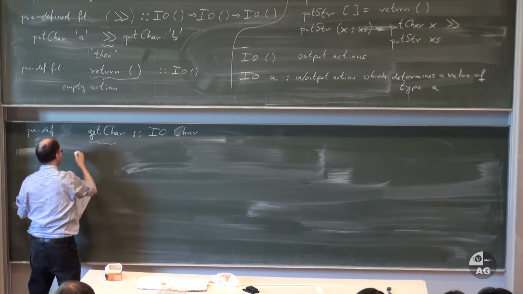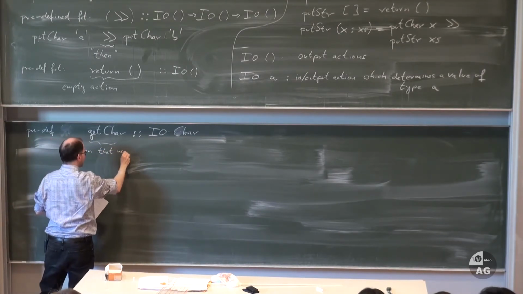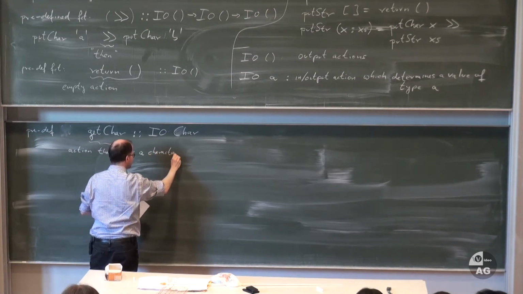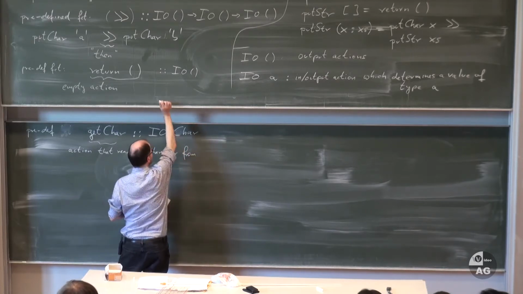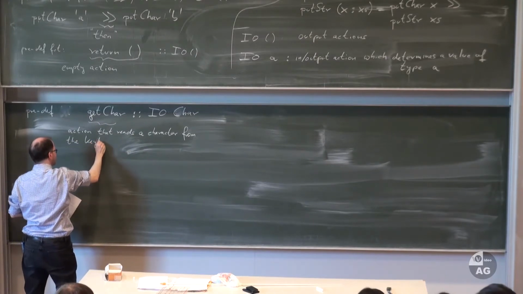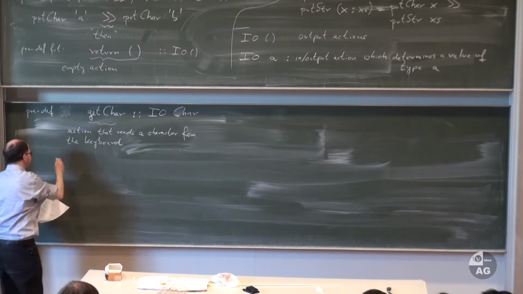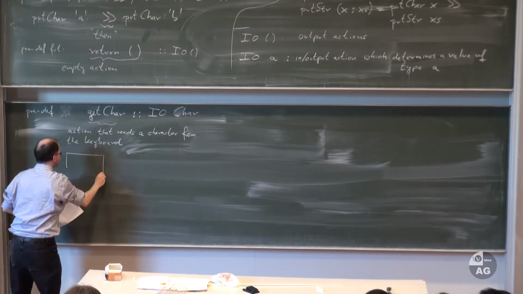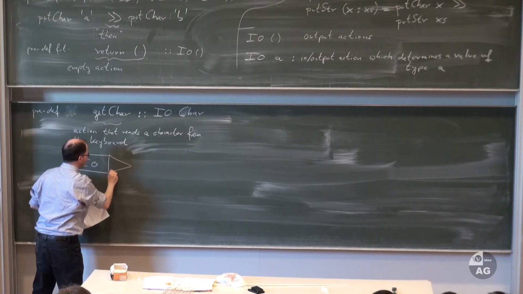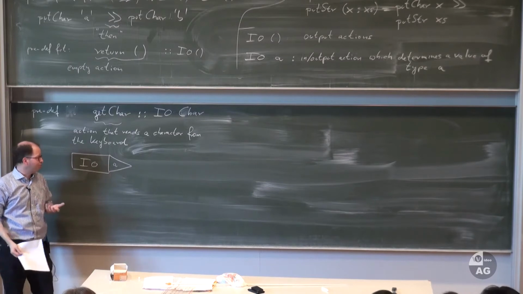So this is the action that reads a character from the keyboard. And you can also depict this graphically. The value of getCharacter is an IO action, and in this IO action, a value of type A, or in this case a value of type character, is determined.